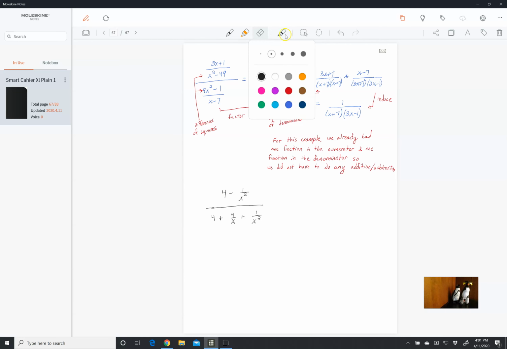It's helpful to take our whole numbers and write them over 1, just so that we don't forget that we have to multiply on top and on bottom. We have 2 fractions, so we ask what the other denominator has that this one doesn't. The other denominator has an x squared. Notice we're only looking at the numerator. So we multiply by x squared over x squared.